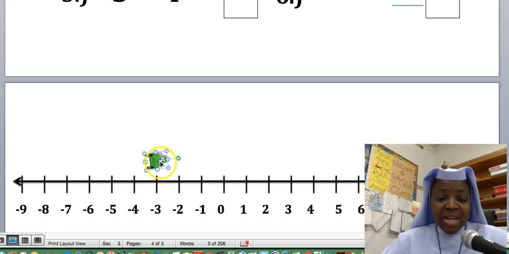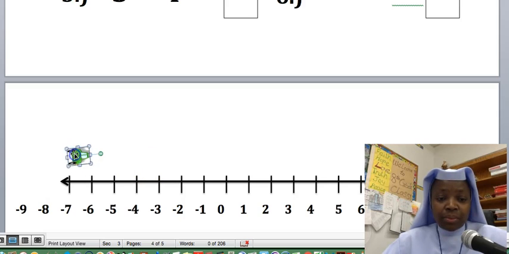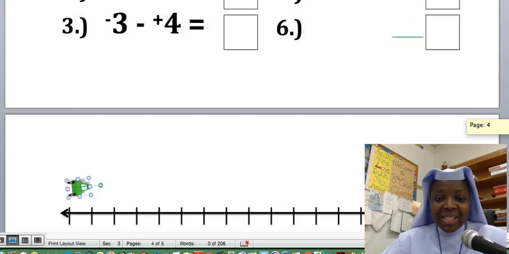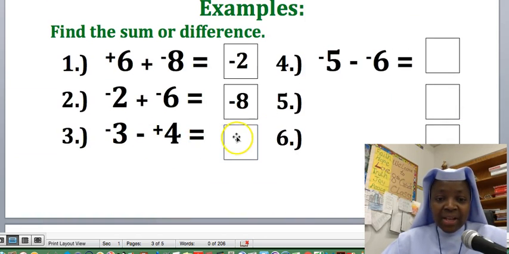Once we turn the car, you see our backward is now our forward because the car is facing this way. 0, 1, 2, 3, 4. So it's going to be -7. So -3 minus +4 is -7.